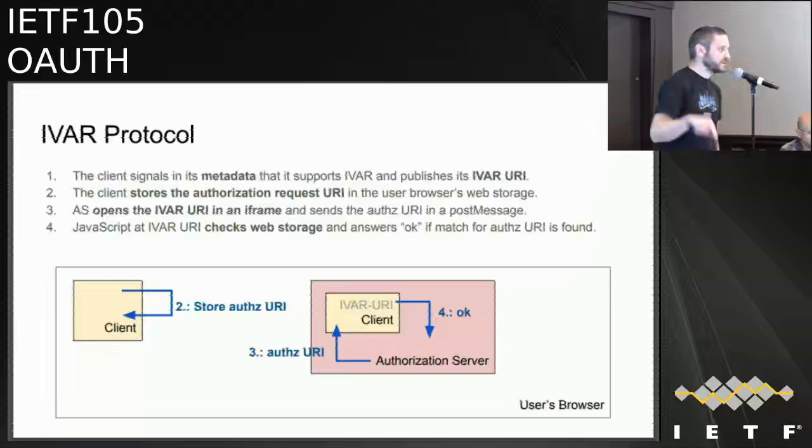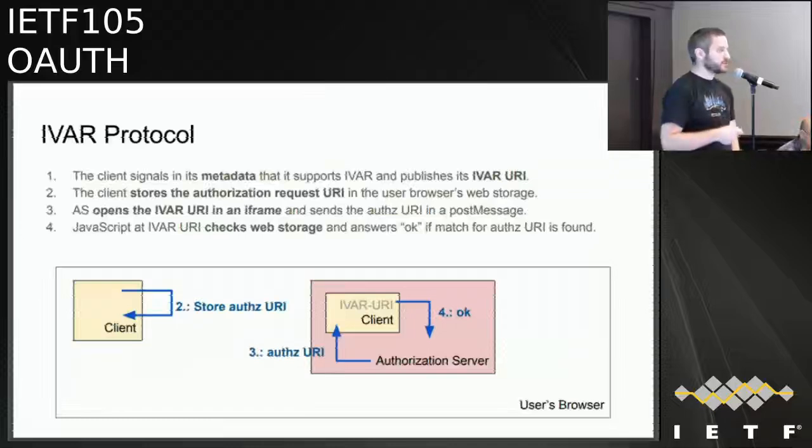Now the user is being redirected to the AS, and the AS then opens an iframe from the IVAR URI and sends a post message to that iframe. That post message would just contain the authorization request URI as it's seen by the AS.